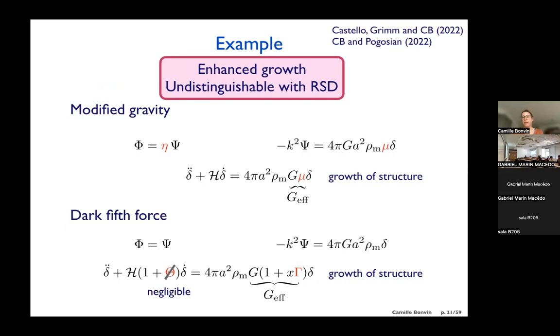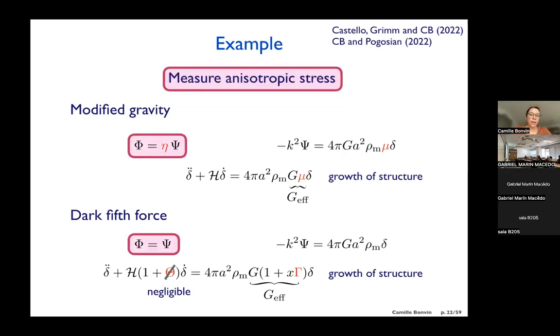And this is something that is actually well known. If we have a fifth force or if we modify gravity, in both cases, we change the way structures are growing, and it's very difficult, I mean, it's impossible to distinguish between the two. But what people have realized is that even if there is degeneracy at the level of the growth of structure, if we look at the equation, we see that we have a clear difference, which is the fact that in modified gravity, the two metric potentials are different, whereas in the case of a dark fifth force, they are the same.